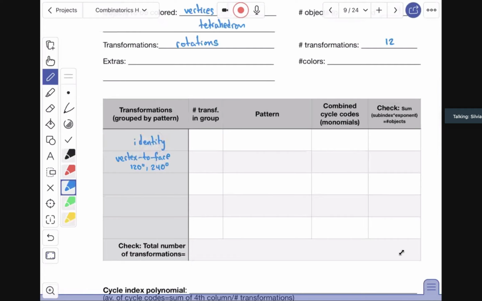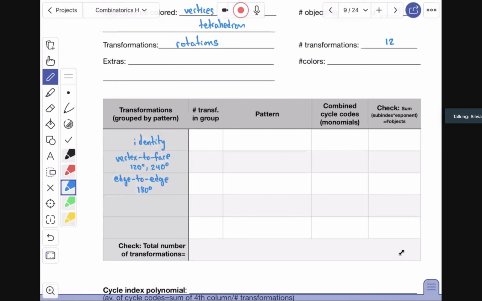And I also have the edge to edge, what I call the edge to edge rotations. And this is 180 degrees. So those are the ones where you place one of the edges on the table, right? So one of your edges on the table. And then you would center, so you have the opposite face also parallel to the table, right?